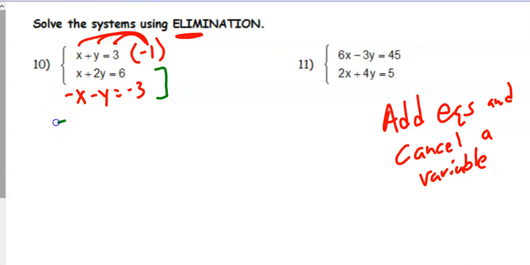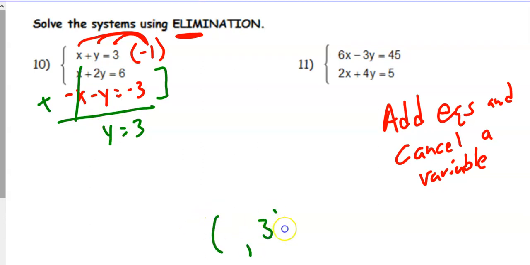One is positive and negative, so when I add those, 1 plus a negative 1, that becomes 0. It cancels out. I add here, I get that to be y, and then this equals 3. Sometimes I'll get that to be 2y equals 6 or something like that, and I'll have to keep going. But you want to eliminate a variable.